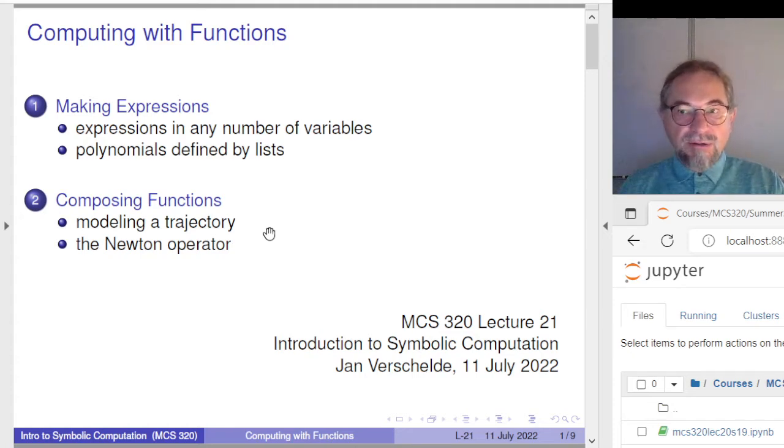And the lecture will end with an illustration of Newton's method to compute a sequence of rational approximations where in each step we double the accuracy of the approximation. This fits within the context of functions. One can view the Newton operator as a function that produces functions, or in general that produces expressions.